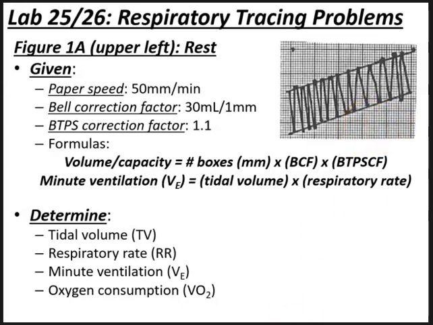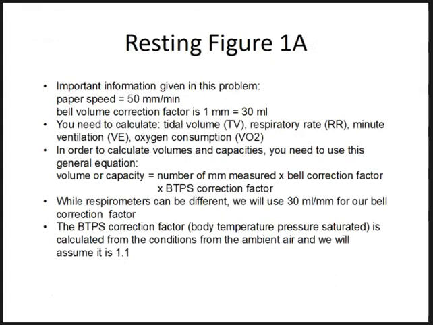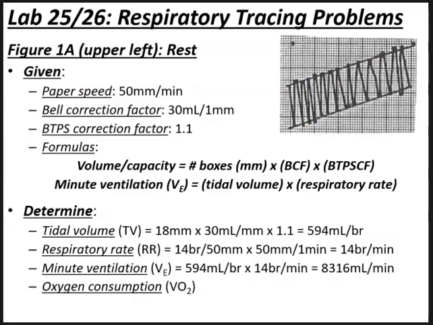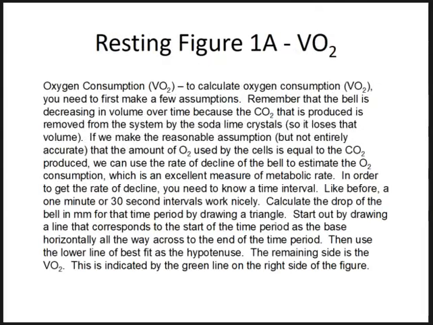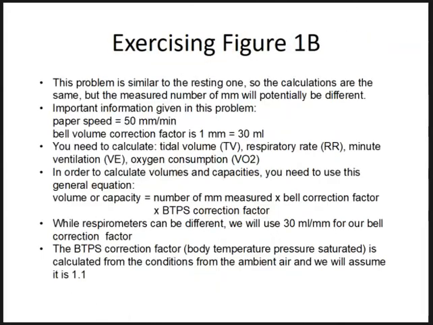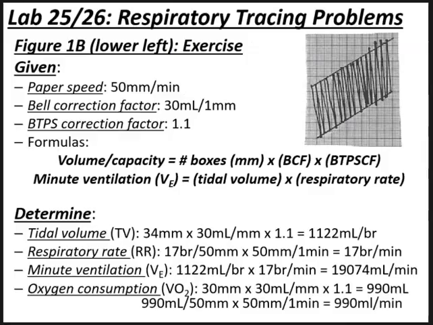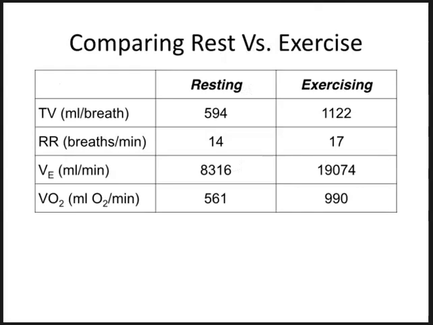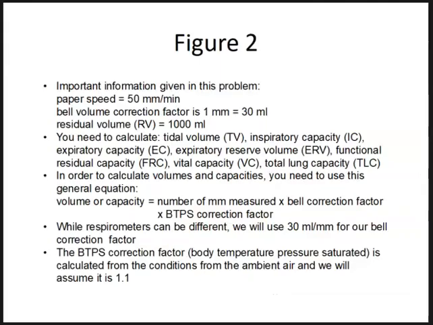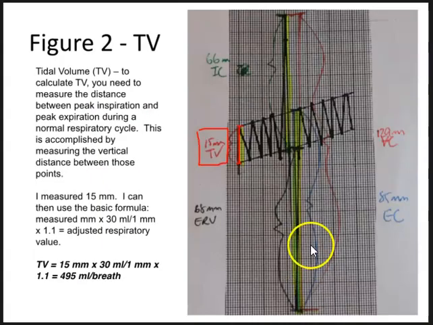For example, if we look at one of the capacities, vital capacity, the peak is very large. So let's see if we can go all the way to that picture. Here.